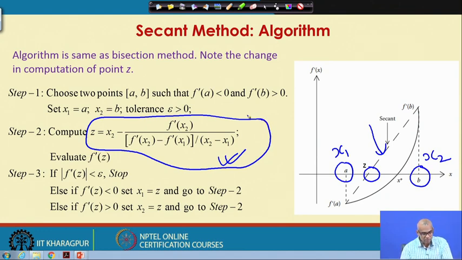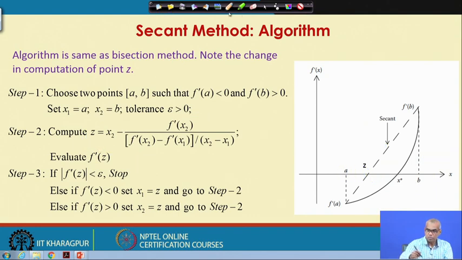So, evaluate the first derivative at this point z. If the absolute value of this first derivative at z is less than the tolerance value, we stop. Otherwise, if f prime z is less than 0, we will set x 1 equal to z, because then we will eliminate the left half. This is shown in the figure.